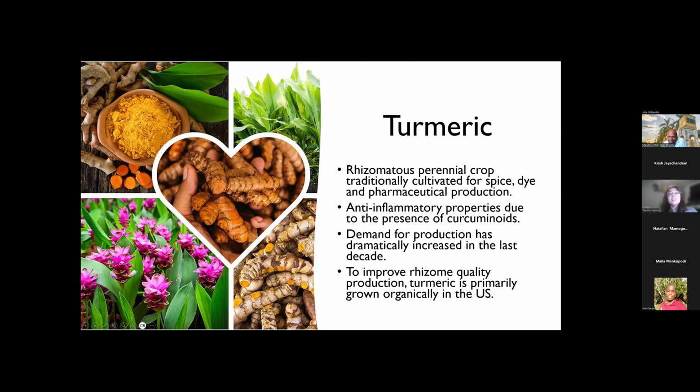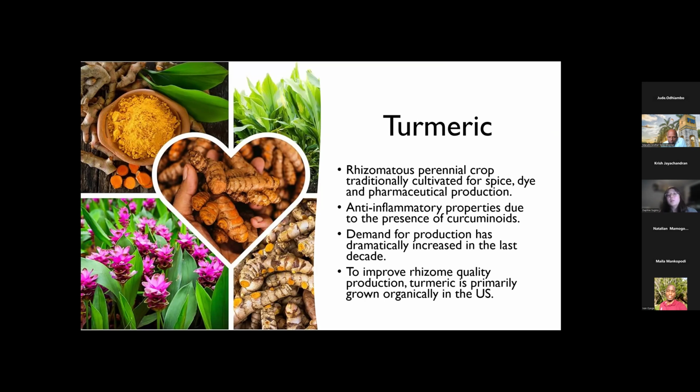For those of us that are not super familiar with turmeric, turmeric is a rhizomatous perennial crop that has been traditionally used to produce spices, dyes, and also different pharmaceutical products. Several studies have observed beneficial human health effects after turmeric consumption, primarily due to its anti-inflammatory and antioxidant properties.